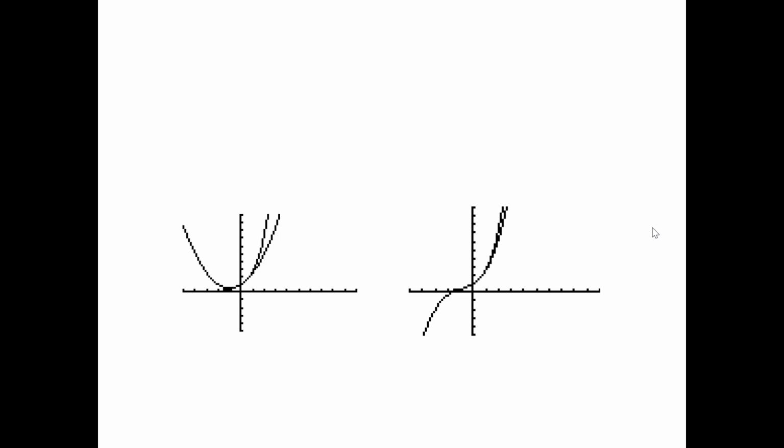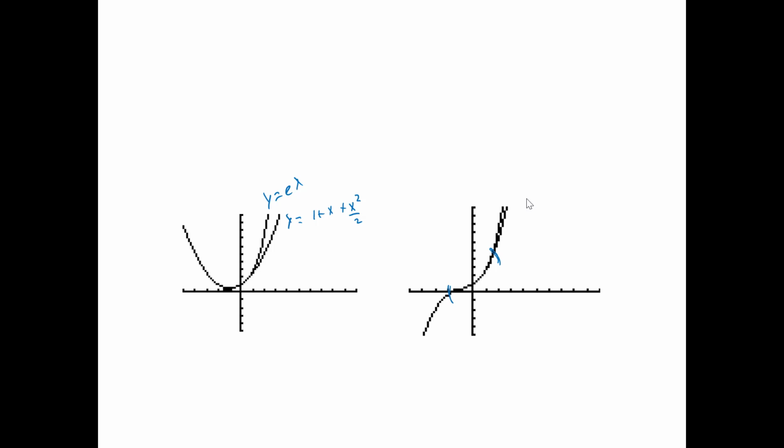Here are the pictures. Here's the second degree, y equals 1 plus x plus x squared over 2, and this is y equals e to the x. And now you can see that we've extended the interval over which these things are really close together a little more by adding this third term.